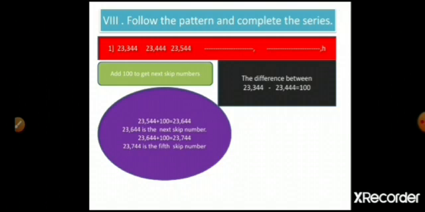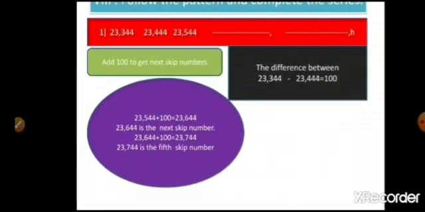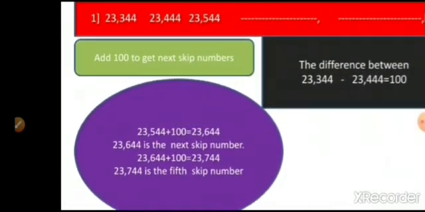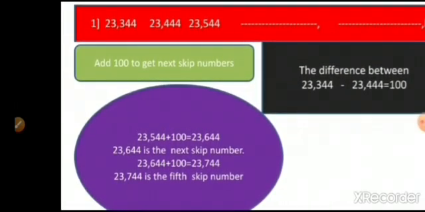What is the fourth skip number? 23,644. To that number we add the difference again. Then we get the fifth skip number, that is 23,744. To 23,644 we add 100, then we get the fifth skip number, 23,744.